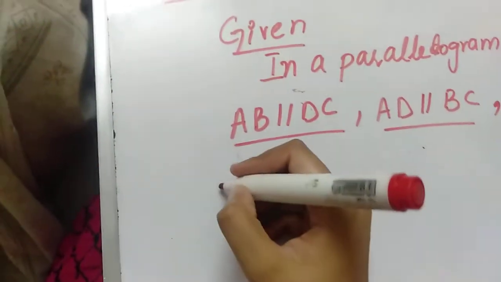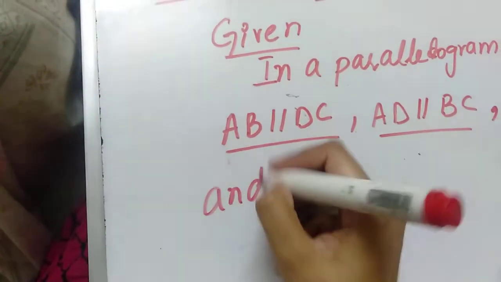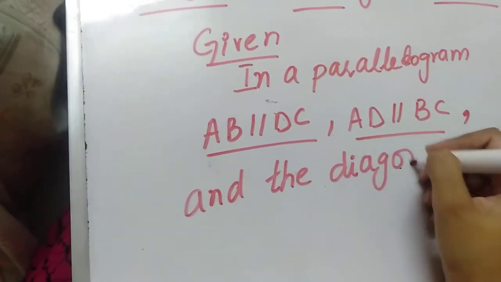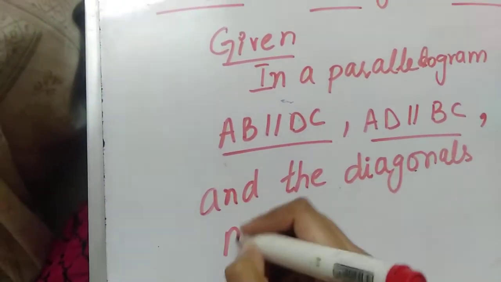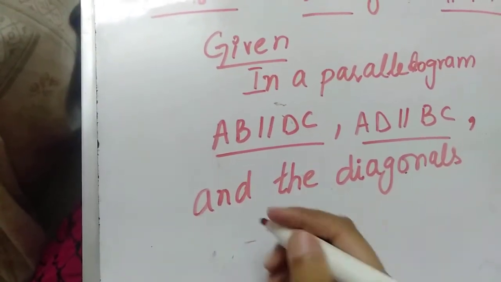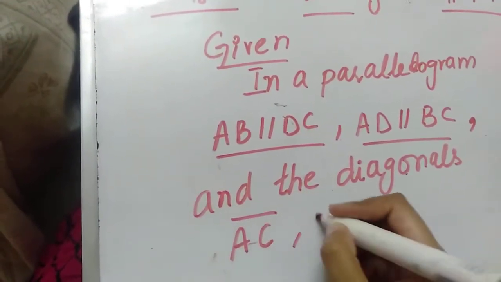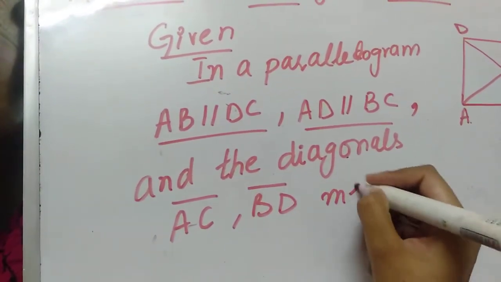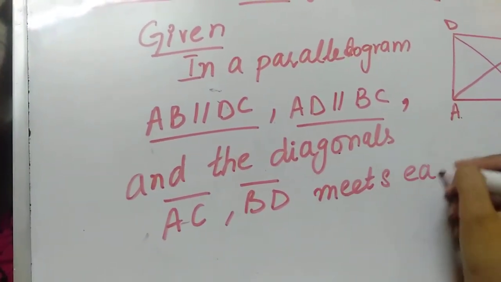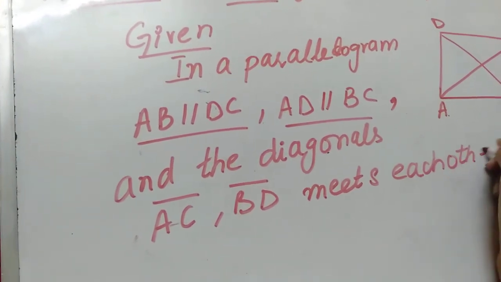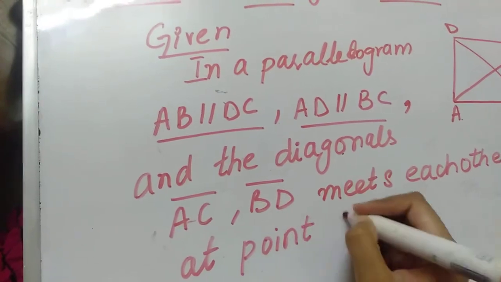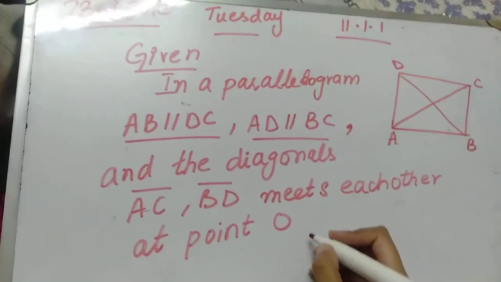So we will write, and the diagonals AC and BD meet each other at point O. So this is the given statement.